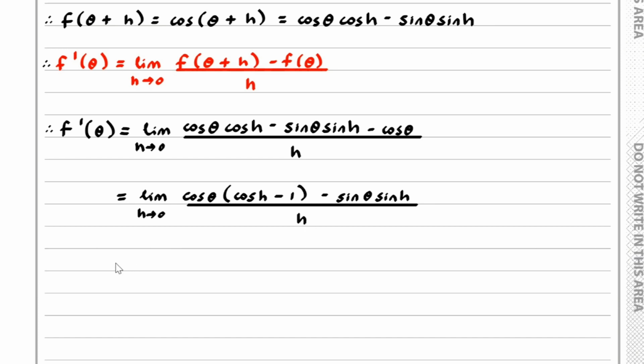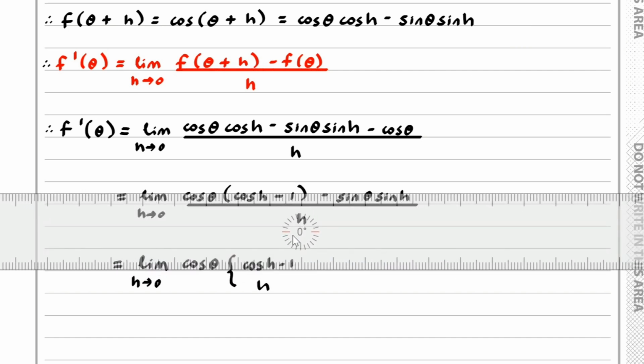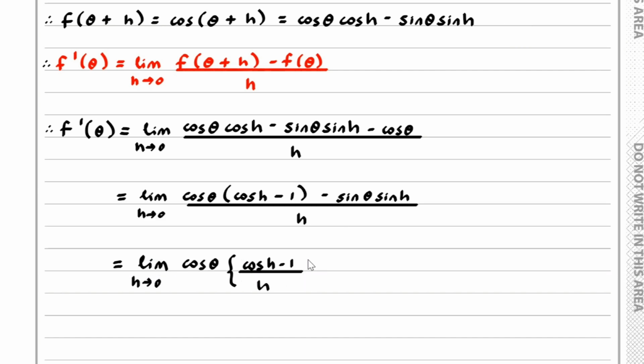So we can split this limit up as the limit as h tends towards 0 of cos theta multiplied by cos h minus 1 over h, subtract the limit as h tends towards 0 of sin theta multiplied by sin h over h.